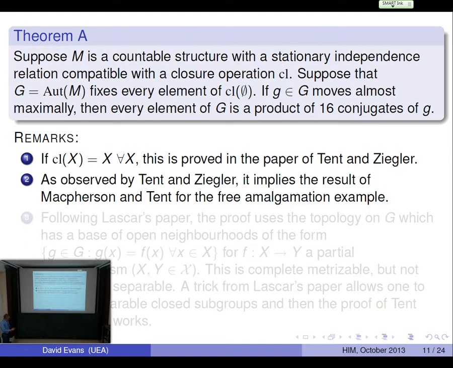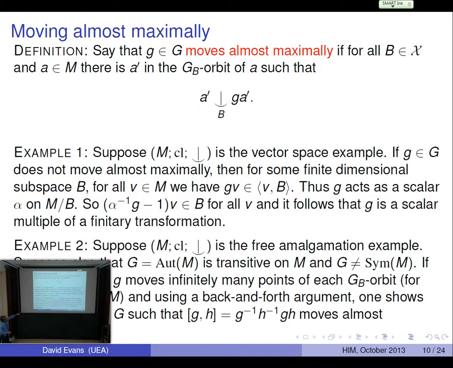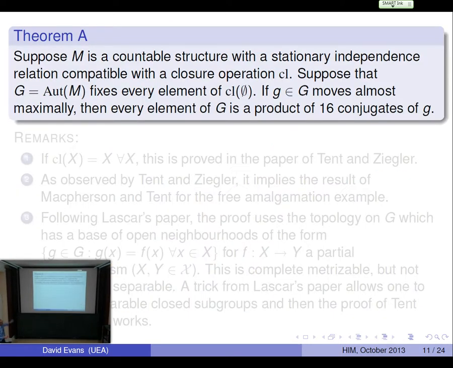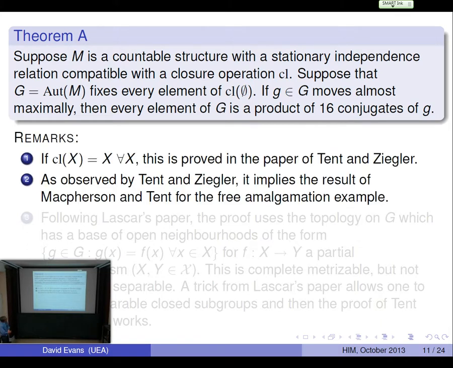From what was said at the bottom here, if you take a non-trivial automorphism, then some commutator of it moves almost maximally. So that's using g to the minus 1 times the conjugate of g. Then you want 16 conjugates of that, so that gets you your 32 things, which are products of conjugates of g or g to the minus 1, and that was the result of Macpherson and Tent.